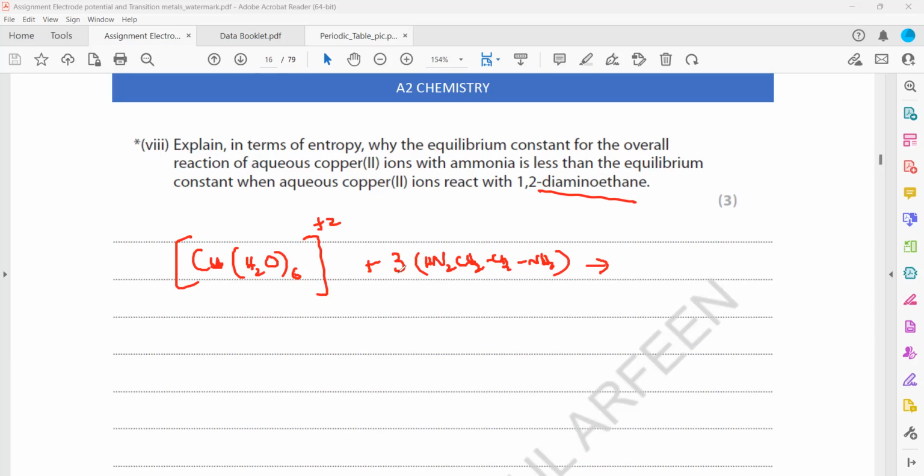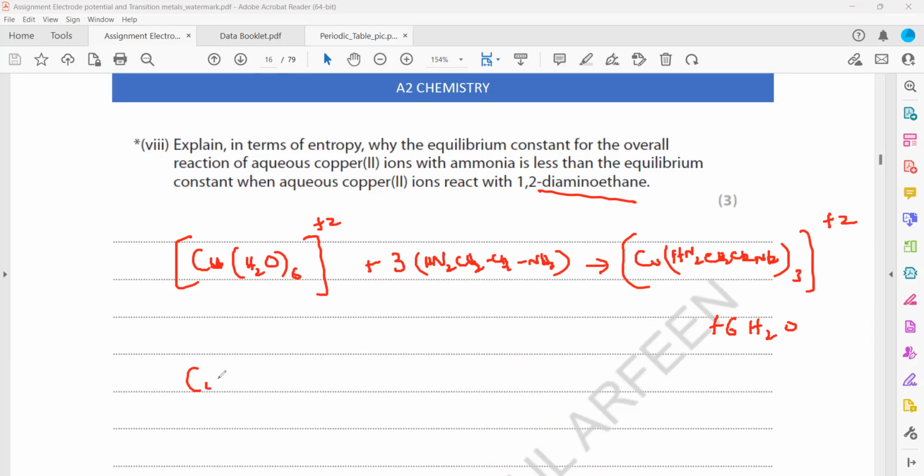So when the reaction occurs, it will produce Cu(NH2CH2CH2NH2)3, and it's a neutral ligand, so the charge will be the same as the charge of the positive ion, plus the 6 water molecules it produces. So the total increases, like 4 particles turn into 7.